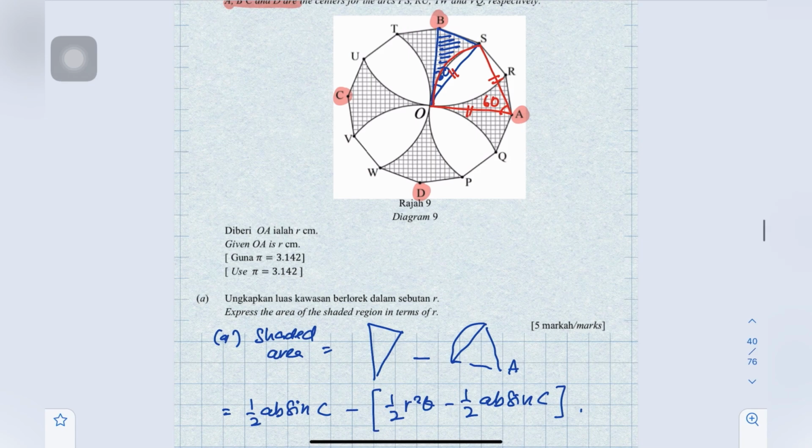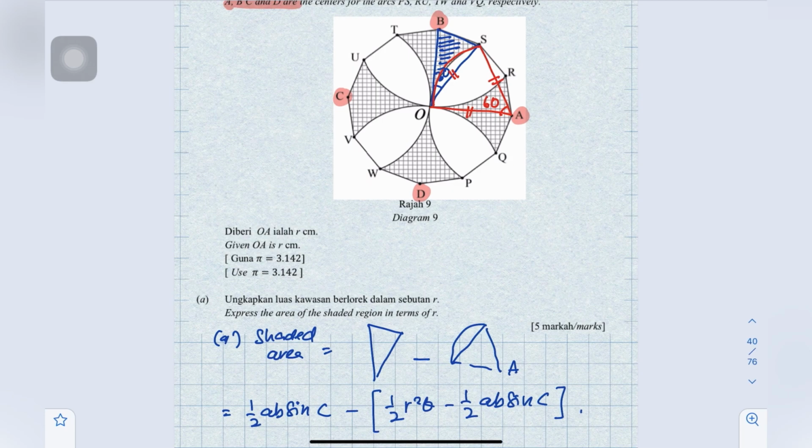Okay, so how many parts do we have? We count 1, 2, 3, 4, 5, 6, 7, 8 parts. Later we multiply by 8.